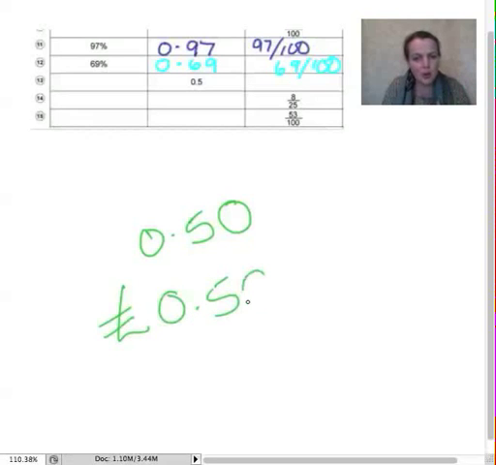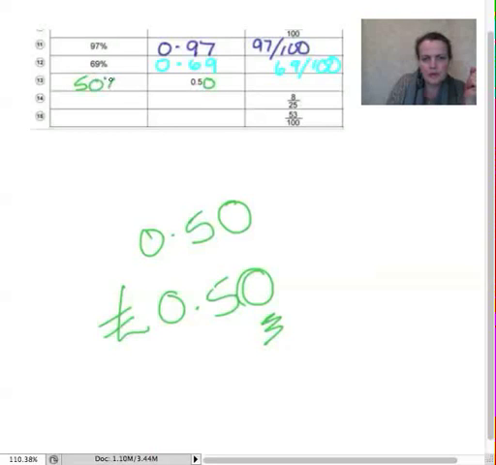So to make it clear, you always have that second digit, even though it's nothing. Then we know that that's 50%. Now you probably know enough about percentages to know that 50% is half, 0.5 is half.